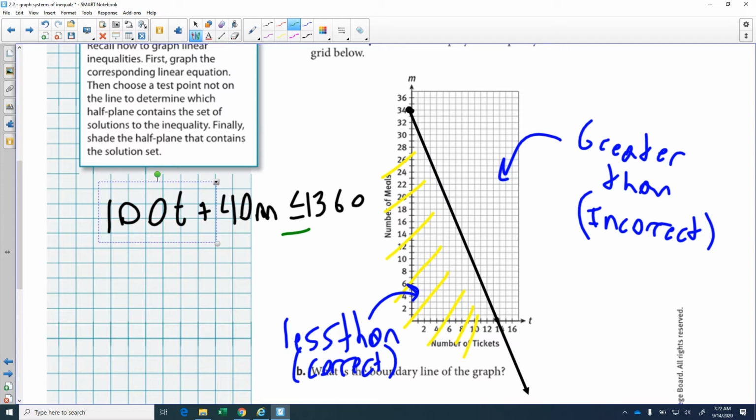For example, one of the most common is whenever you deal with a problem with time, well, you can't have a negative time. You can't go back in time. At least we can't do that right now. So if you think about it, we always have a constraint where we can't have a negative time. It's like in math where you can't have half a person. The one we talked about in this lesson, we can't have half a ticket, right?